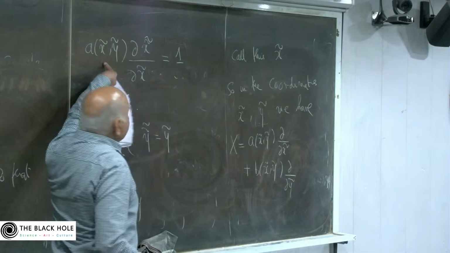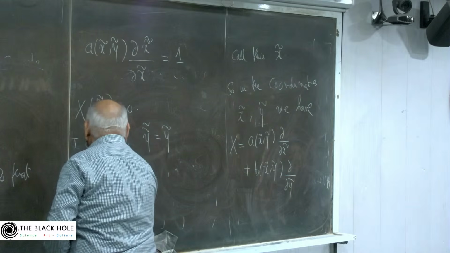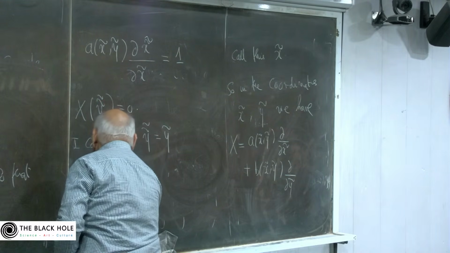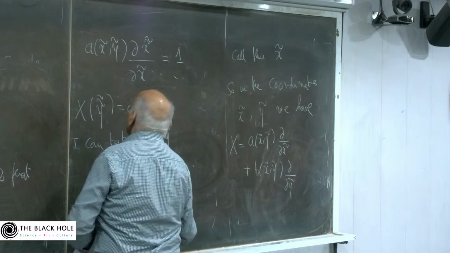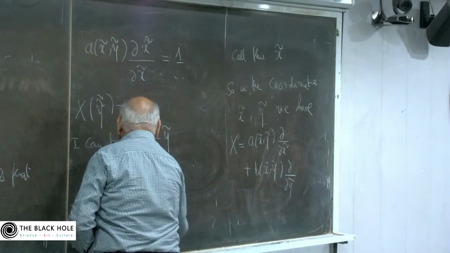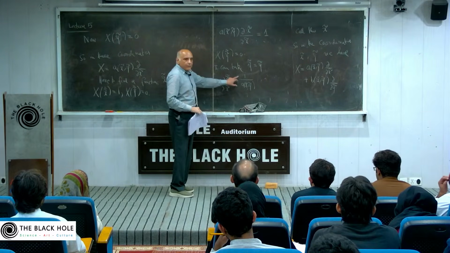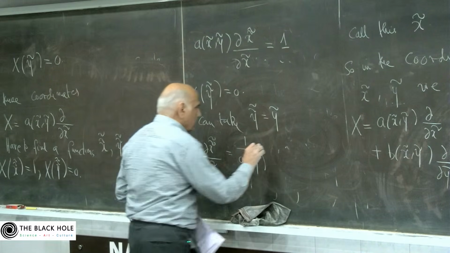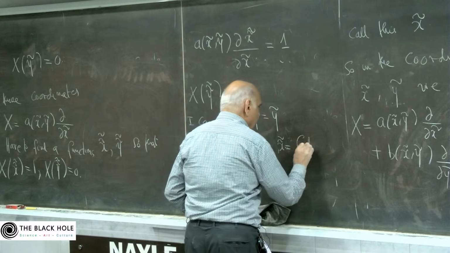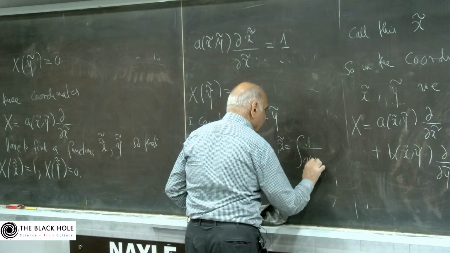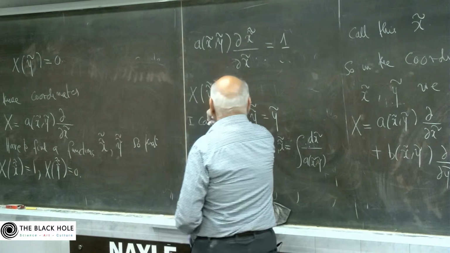And how do I do this? I just integrate. So partial x double tilde by partial x tilde is equal to 1 by a. Therefore x double tilde is the integral of 1 over a, and y double tilde is equal to y.